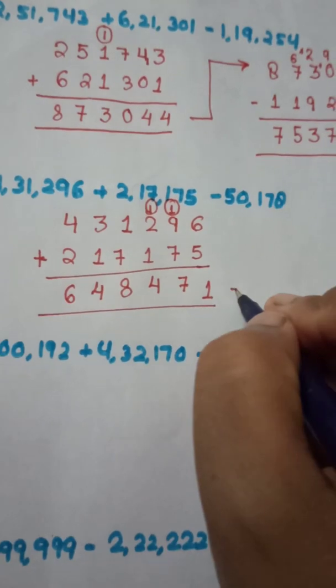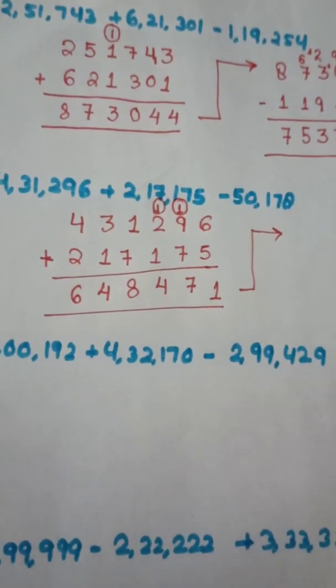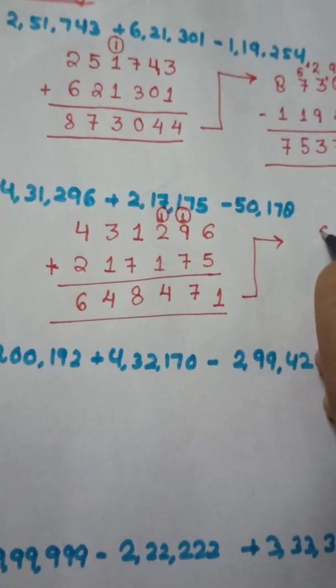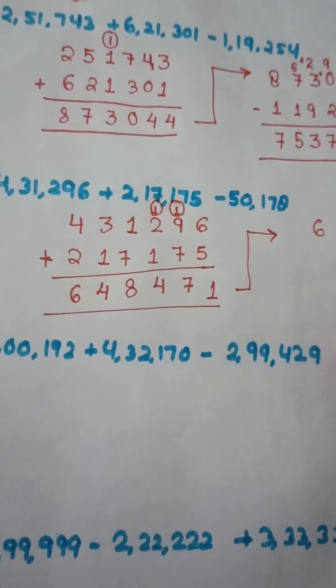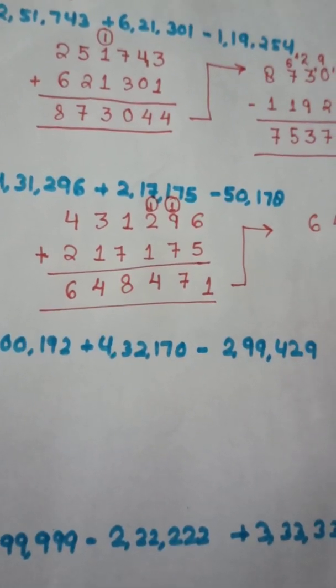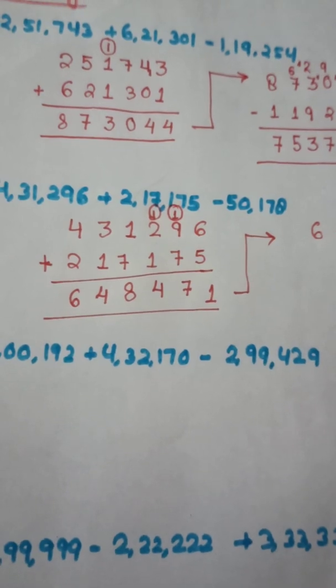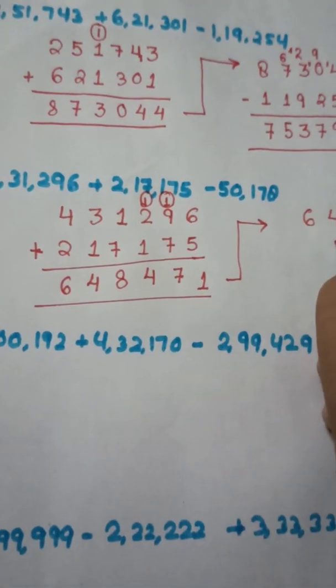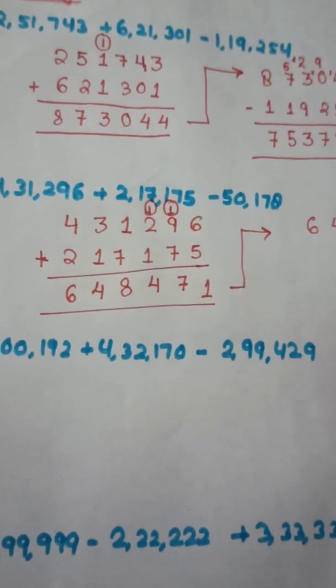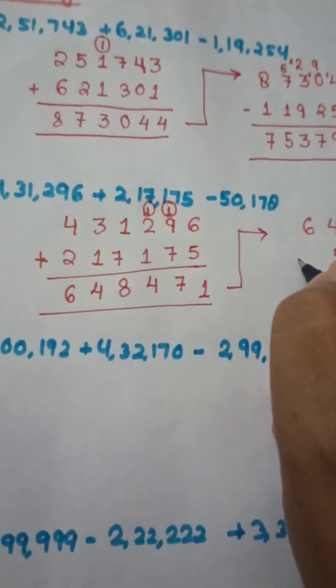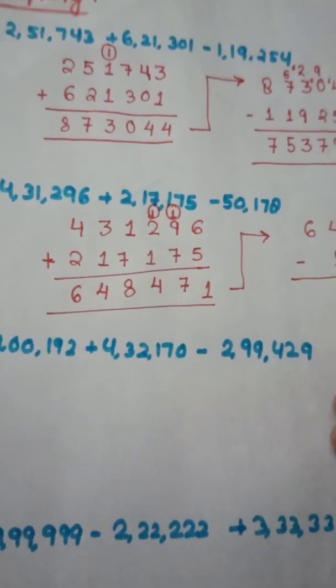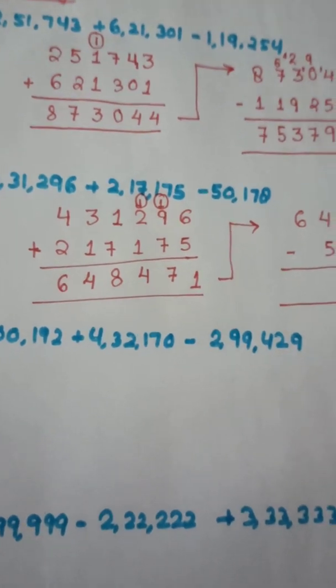Okay, again an arrow, write down this answer over here and then this number 50178. Put the subtraction sign and start subtracting it.